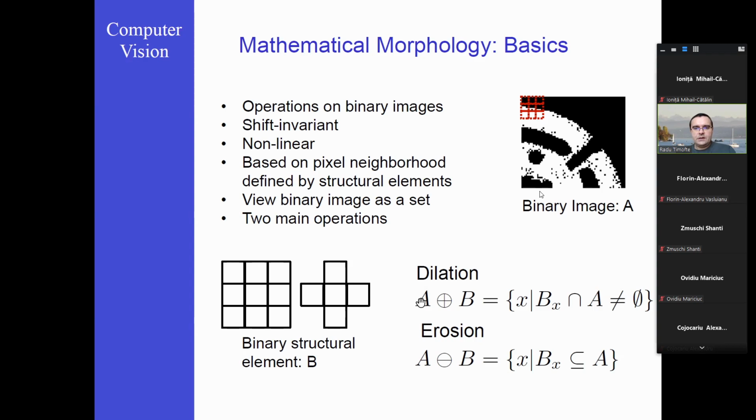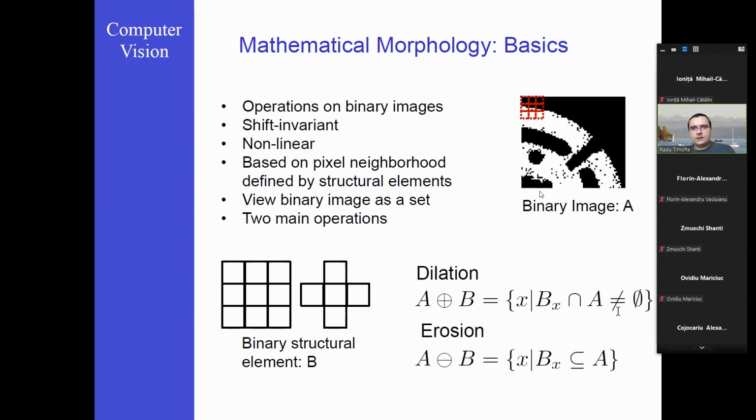So we have A, the binary image, and we are applying the binary structural element B. Here is a depiction of the application of this binary element. We are applying it in all the pixels in the image and replacing the middle pixel with the result of this.